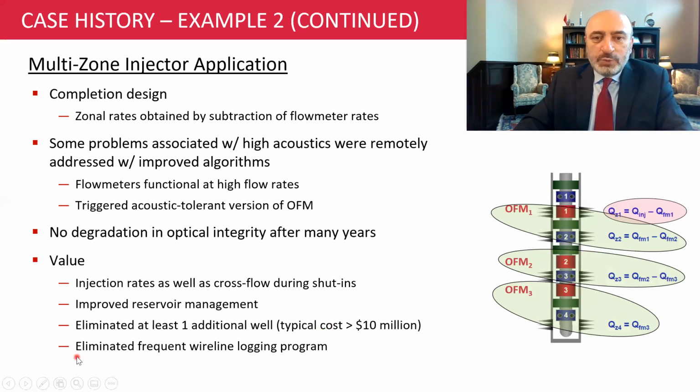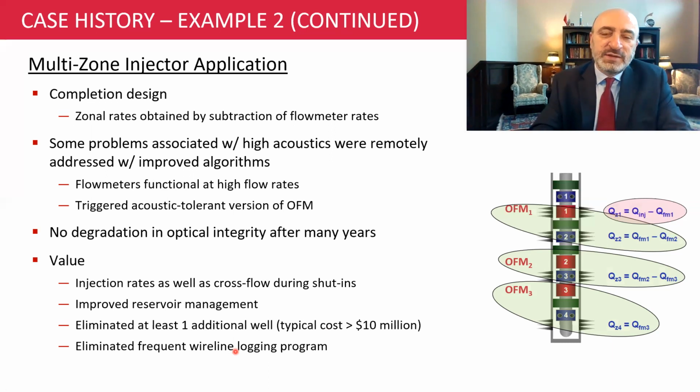So the optical monitoring system eliminates the use of a wireline logging program because it's a continuous measurement. It will provide the flow rates continuously in real time. So there is no need for a wireline logging program and intervening in the well operations. So the wireline logging program became completely unnecessary.